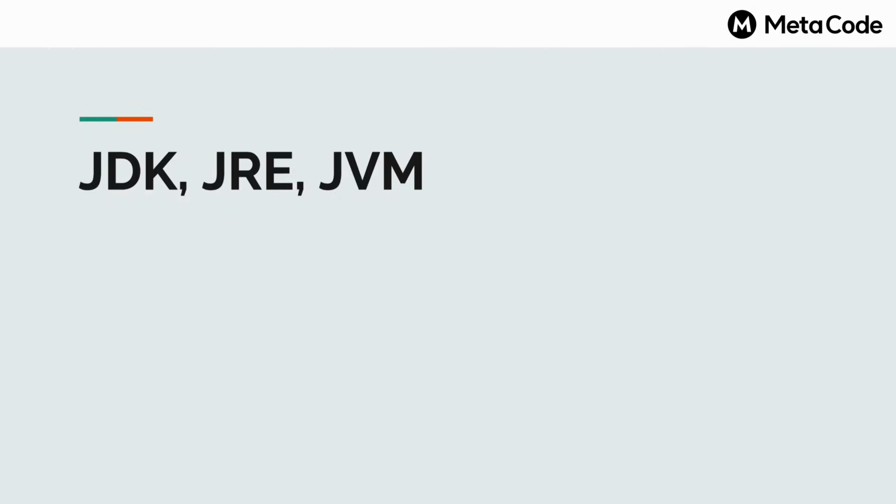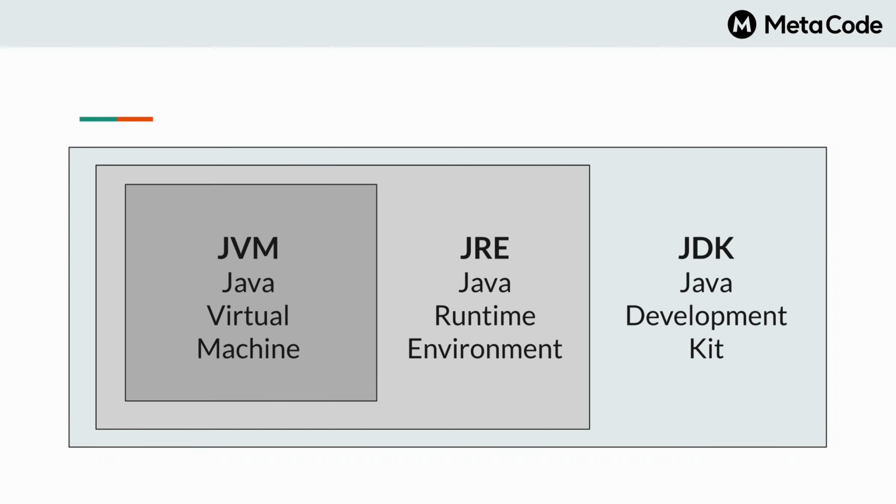So you might have encountered these three terms, JDK, JRE, JVM, and might have wondered what they actually mean. This is a diagram that basically describes what the three terms are. JVM is the Java Virtual Machine, which is the place where the compiled Java code is interpreted and executed.